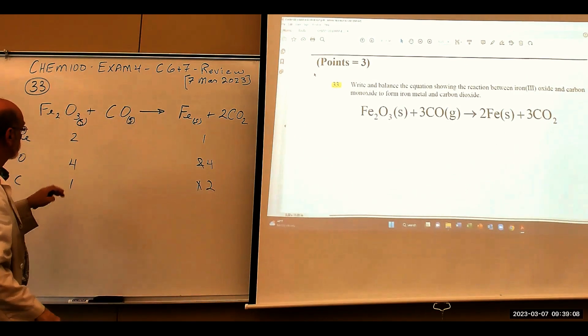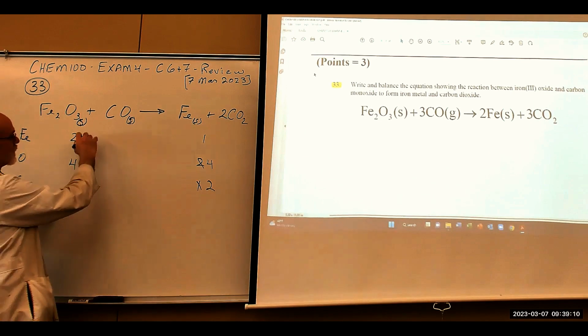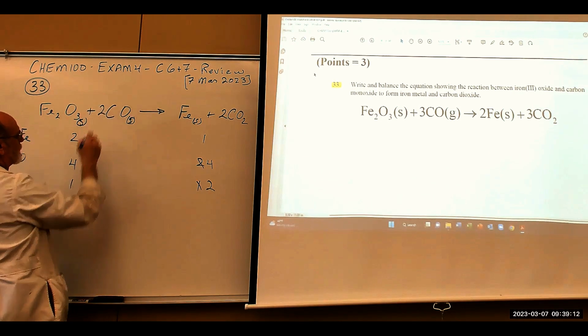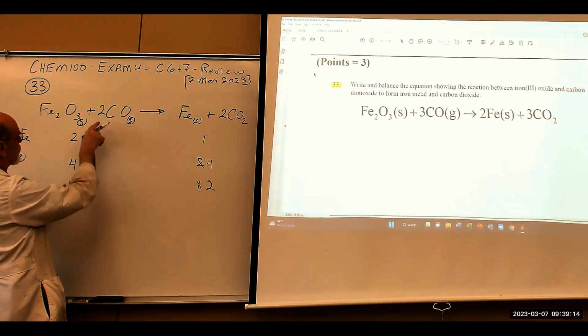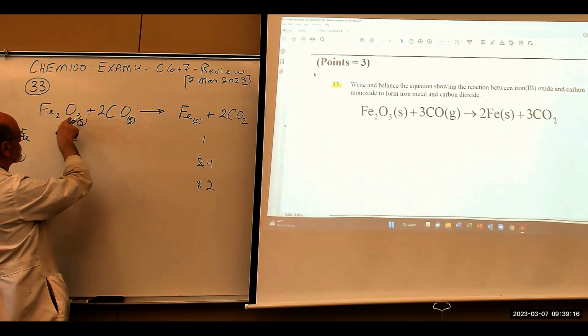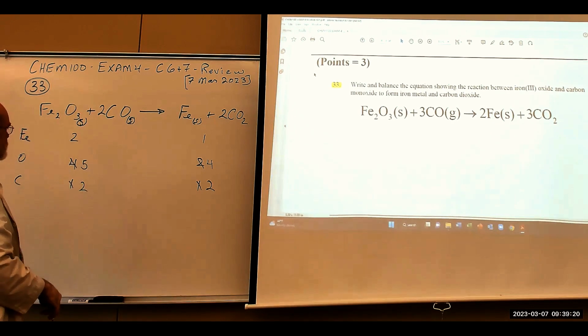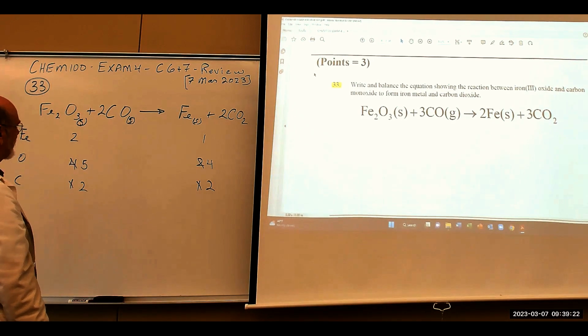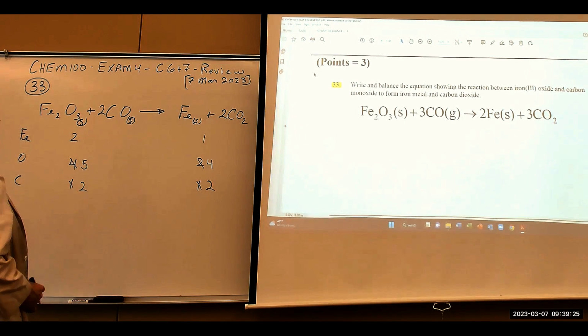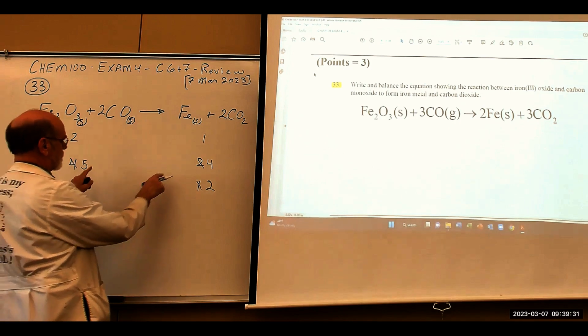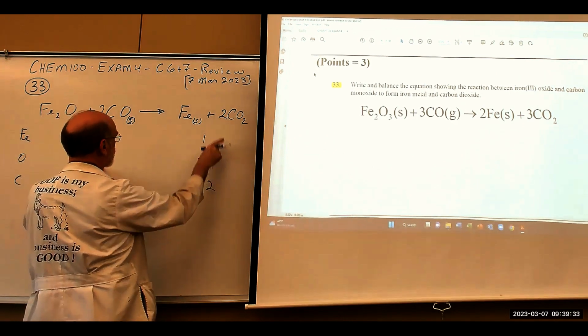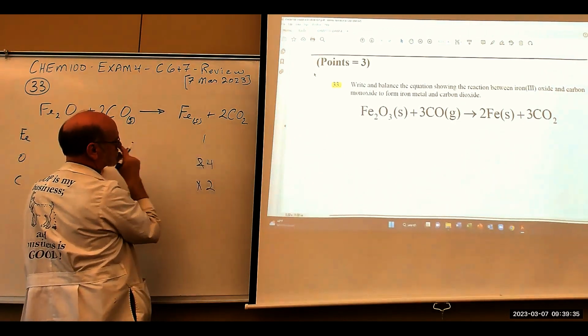Right. How are we going to balance the carbons on this side? Well, if we put a 2 here, that makes 2 carbons, but it also makes 2 plus 3 is 5 oxygens. So we need 1 more oxygen on this side.